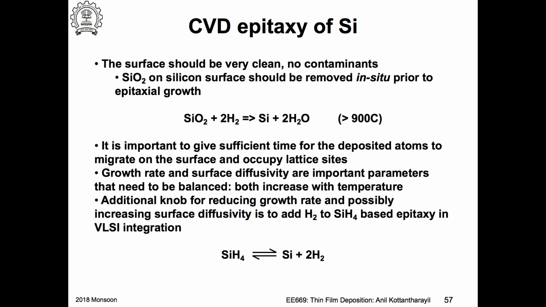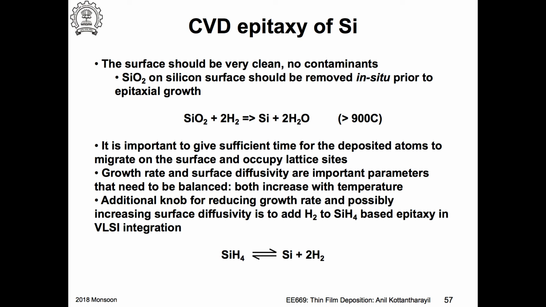You are pyrolyzing silane to get silicon, and the byproduct is hydrogen. But now you are adding additional hydrogen so that the reaction is retarded, because you have this reversible reaction, right? When you add more hydrogen, then this rate also picks up. So the net rate of deposition of silicon comes down.